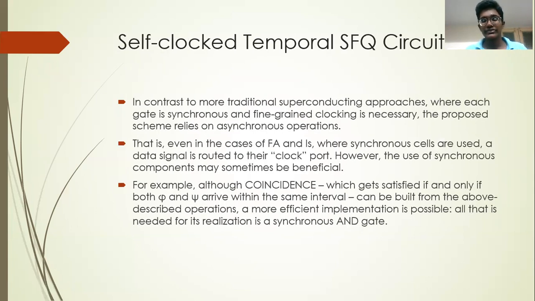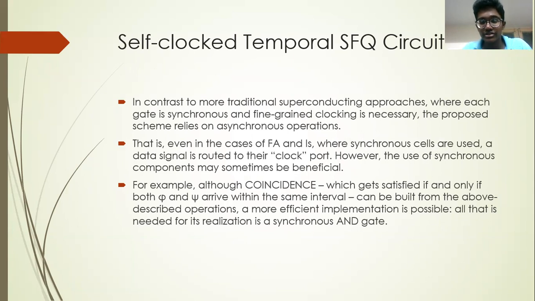Self-clocked temporal SFQ circuits. In contrast to more traditional superconducting approaches where each gate is synchronous and fine-grained clocking is necessary, the proposed scheme relies on asynchronous operations. That is, even in the cases of FA and IS where synchronous cells are used, a data signal is routed to their clock port.